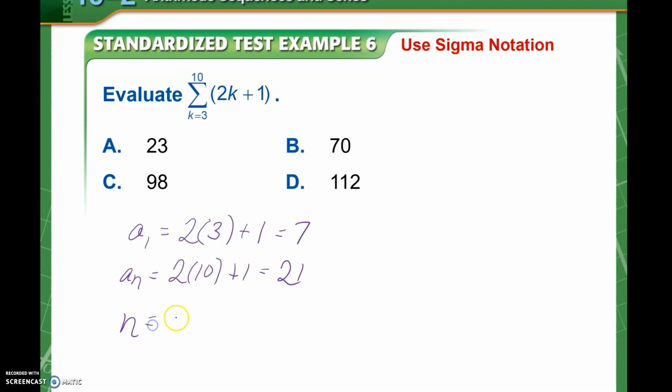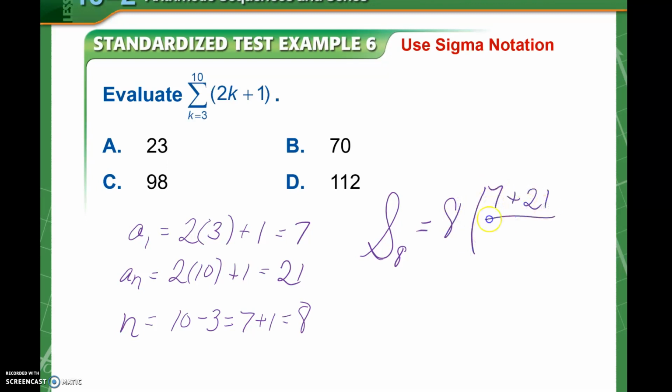But because you're doing all the numbers from 3 to 10, that's 7, plus we want to include 3. So that's how we get 8. So then we can just do the series on this equation, and we would get 8 times 7 plus 21 over 2, sorry. So 8 times 14, which is 112.